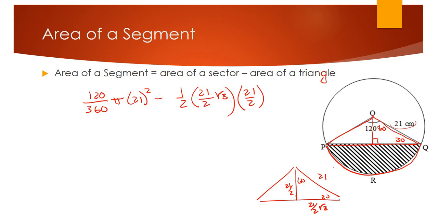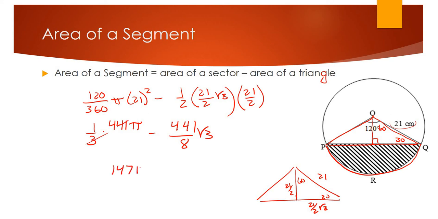Okay, did I do that right? 1, 2, yep. So finishing this off, I've got 1/3 times 441 pi minus 441 over 8 root 3.